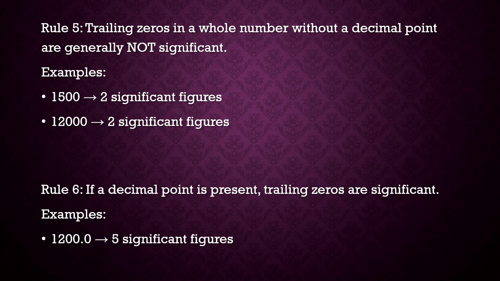So 1200.0 has five significant figures, because it has a decimal point and the zeros are on the right side.